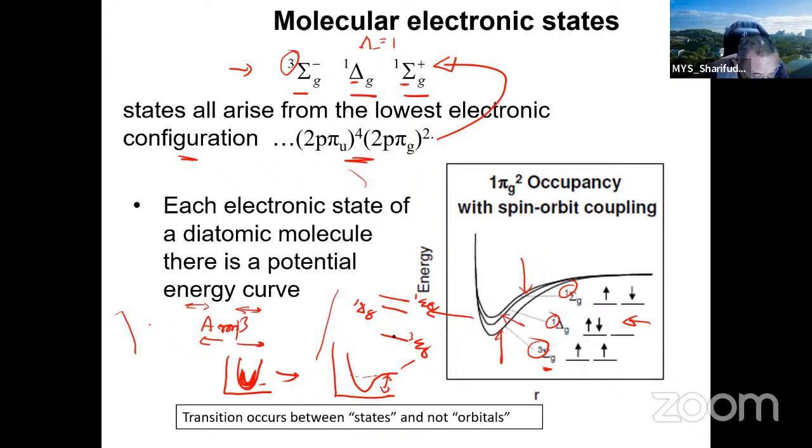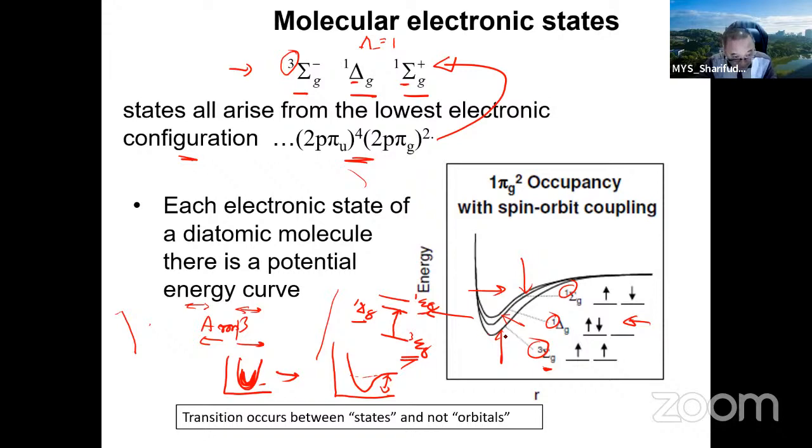So if you talk about this transition from 3 sigma G to 1 delta G, this transition will involve a lot of possible rotational levels. Now we're going to look at this when we think about the Franck-Condon principle later on. But that's basically it. So we can represent the energy states as levels like this, or each level can be represented by a curve like this.